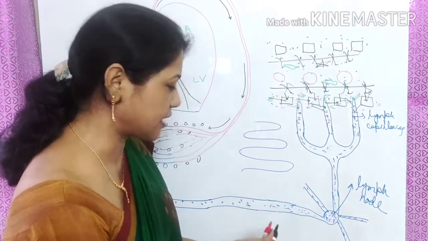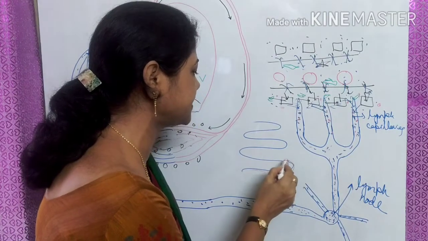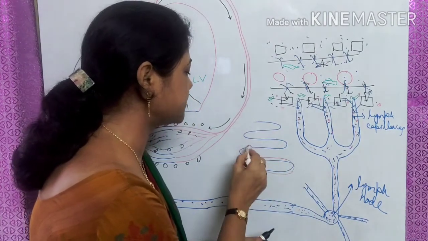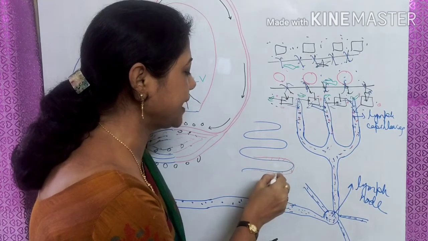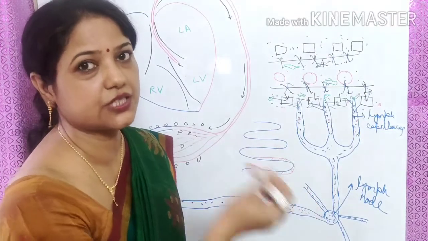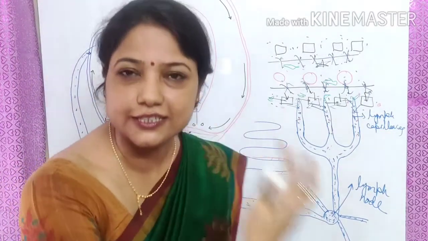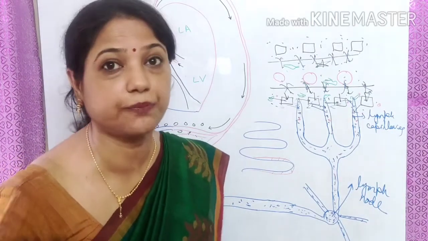Just outside the intestinal wall, blood capillaries are present, and the digested food enters into these blood capillaries, where blood is present. So the digested food in fact enters into the blood, and blood carries the digested food to different parts of the body.